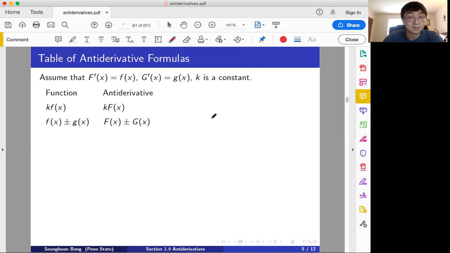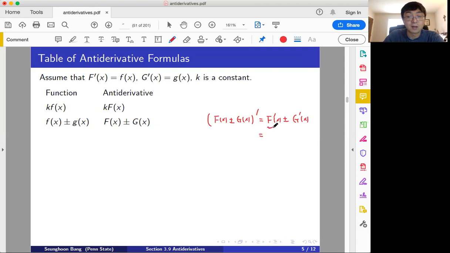So here we have capital F of x plus or minus capital G of x. You can take the derivative. What happens? The capital F prime of x plus or minus capital G prime of x.